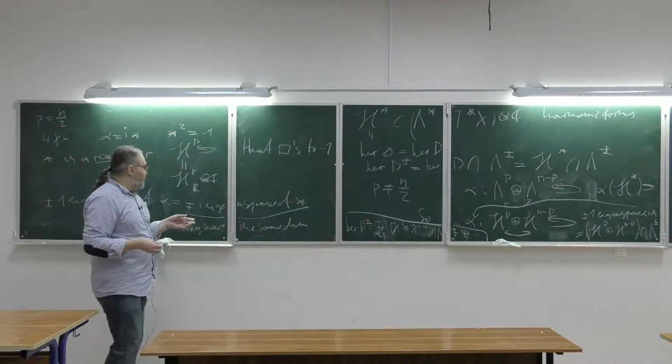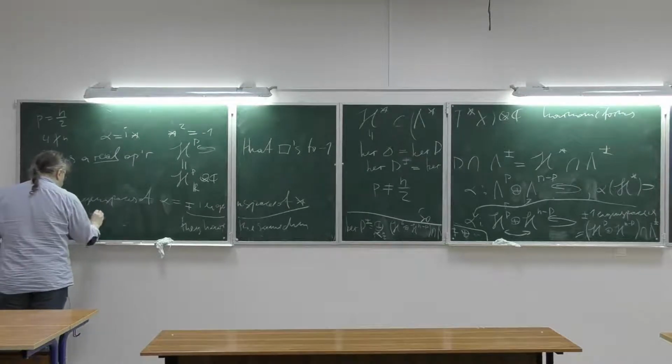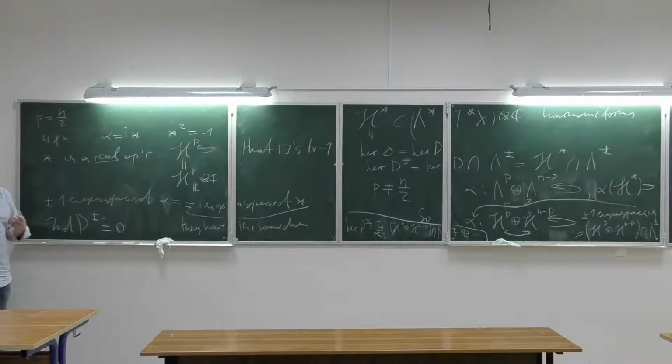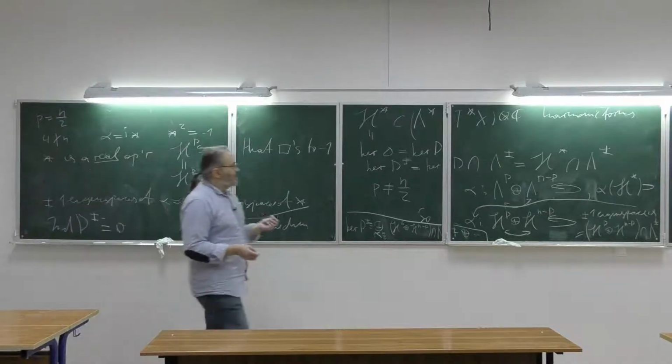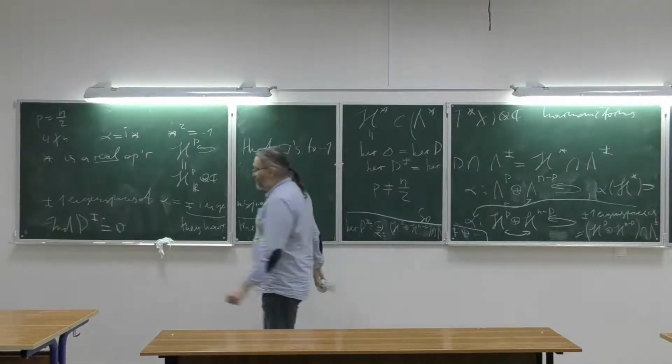So the index of d plus, which is the same as the index of d minus, is 0 if 4 does not divide n. Okay, but the signature of an n-dimensional manifold, by definition, is also 0. Now let's see what happens if n is divisible by 4.